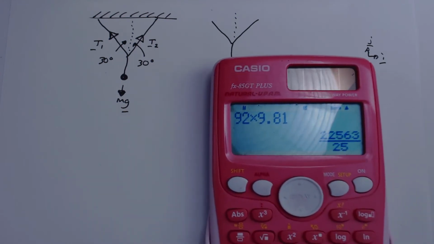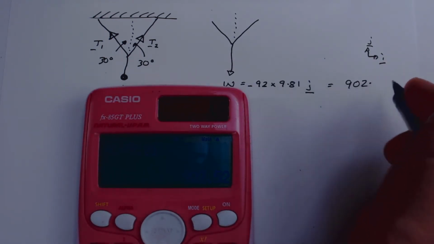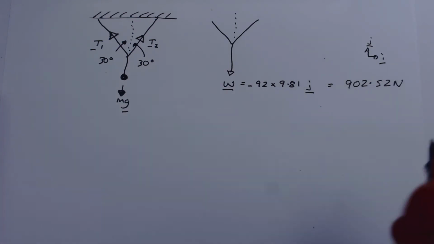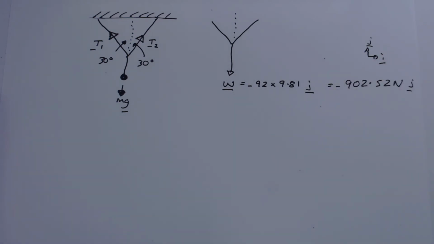Right, good as you can see. So we'll work to 5 sig fig: 902.52 newtons. J, strictly speaking, minus 1.